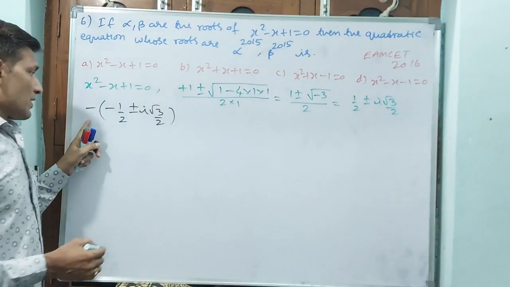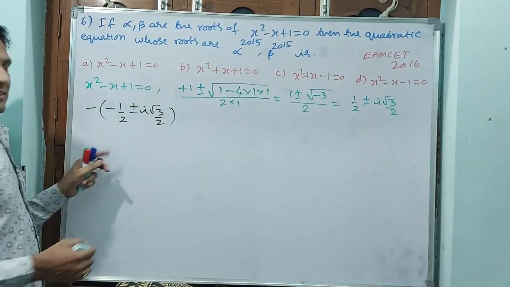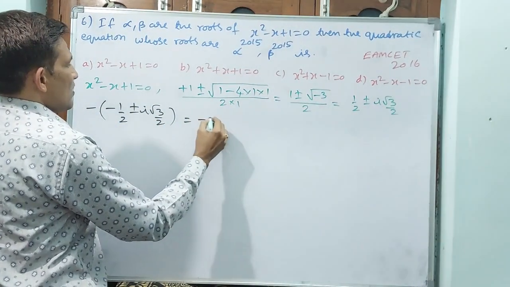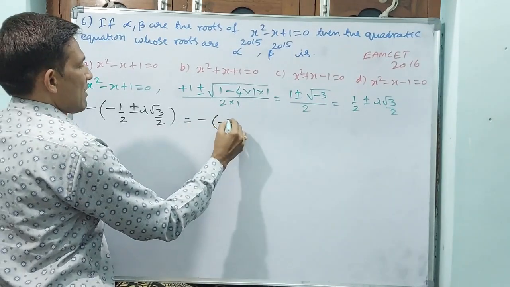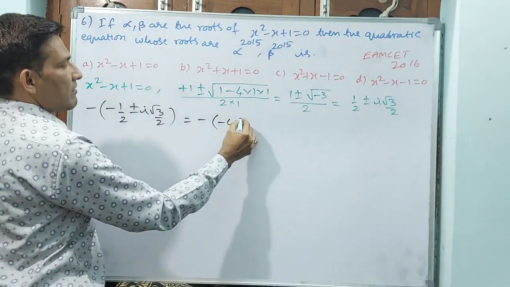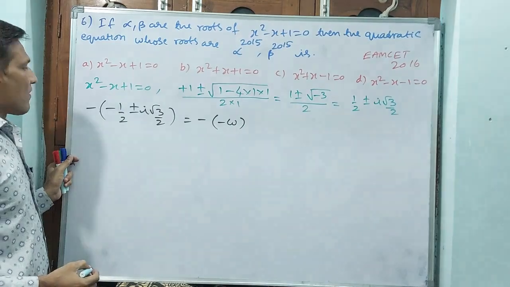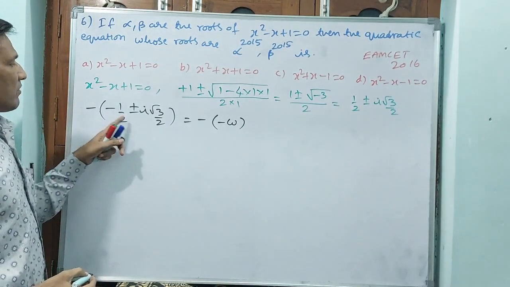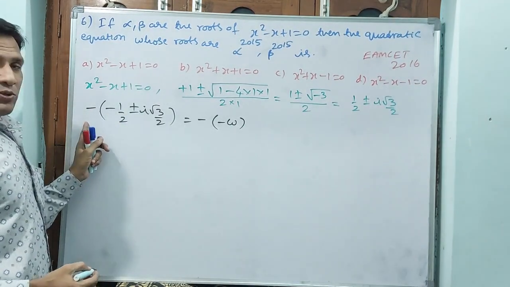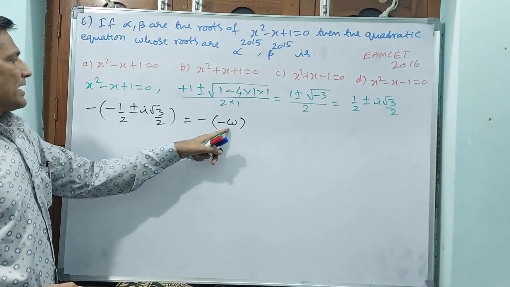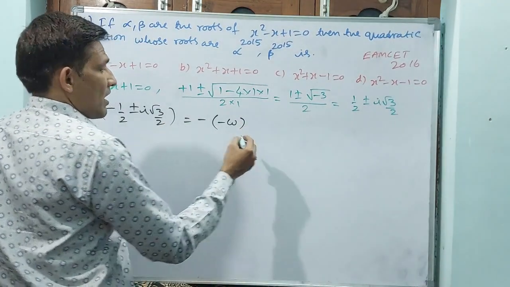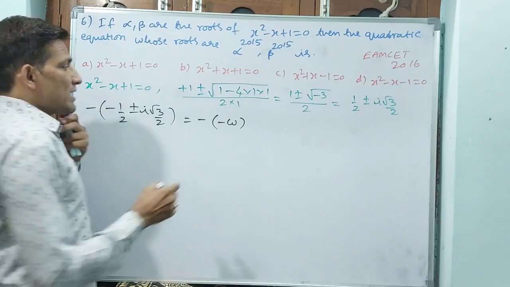Now you see, what are these? Minus of this is minus omega. Okay, minus if you take common, what will be there? Minus omega. Another one is minus omega square.